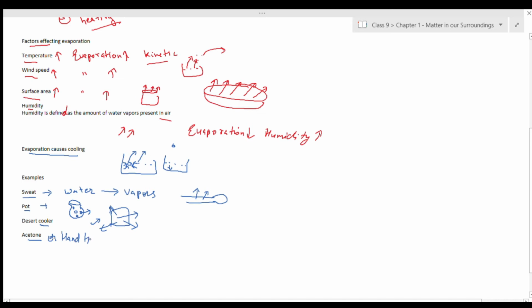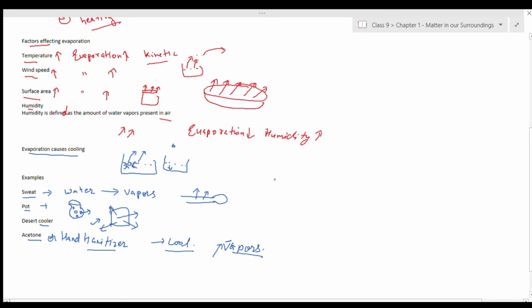So when you put hand sanitizer or acetone on your palm, it becomes cool because the boiling point of acetone or hand sanitizer is very low, and they convert into vapors at very low temperatures, and while doing so they absorb energy from your palm, which makes your palm feel cooler.